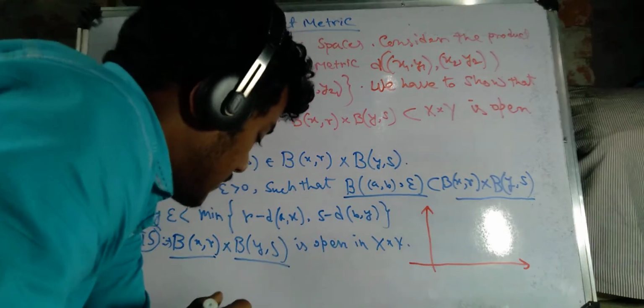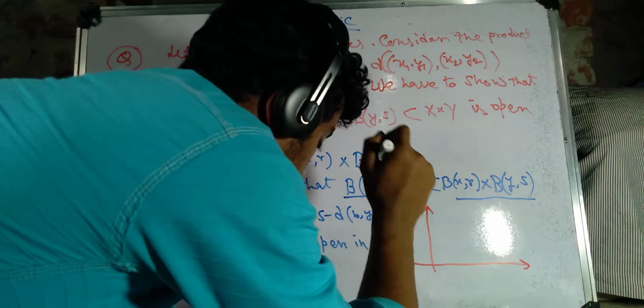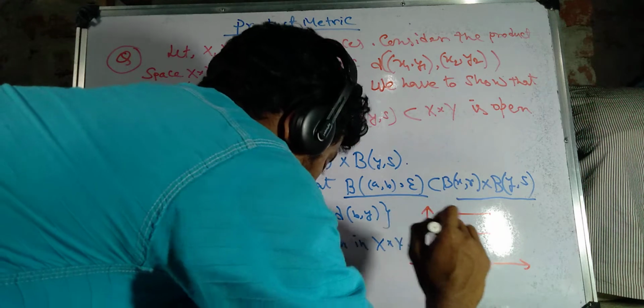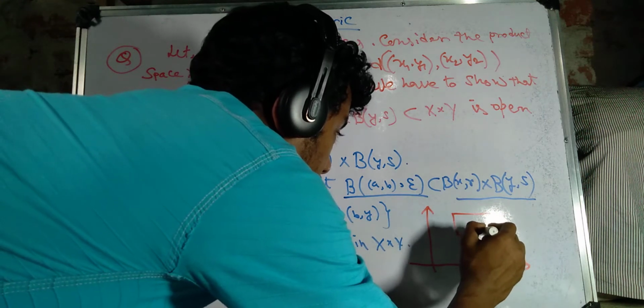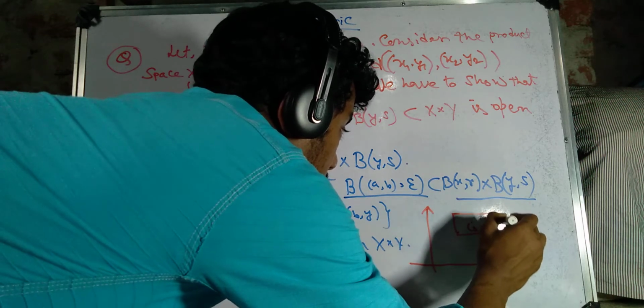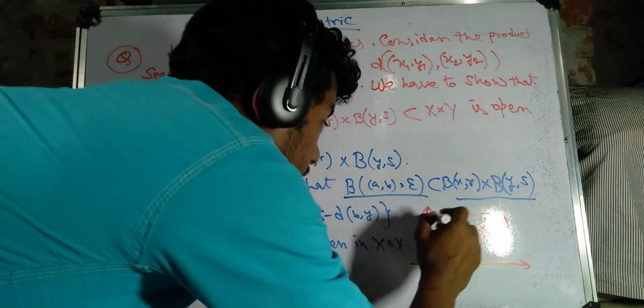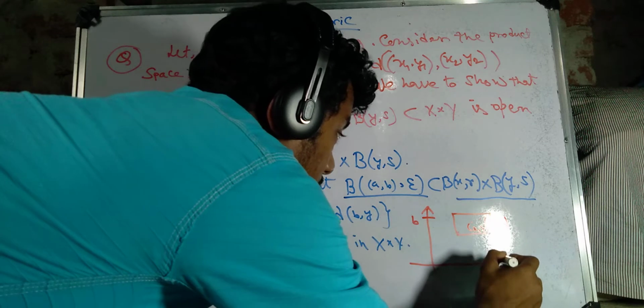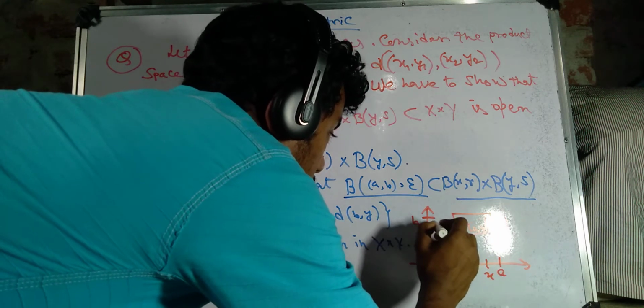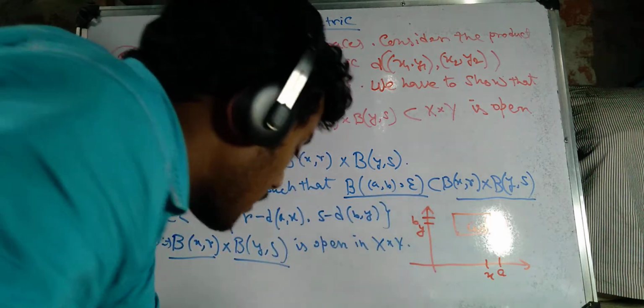This one is a rectangle, (x, y) is any point and (a, b) is any point here.